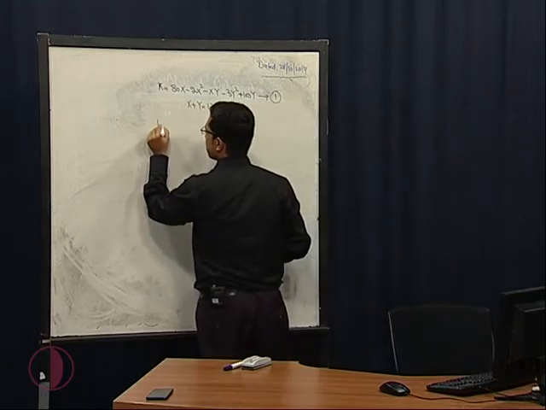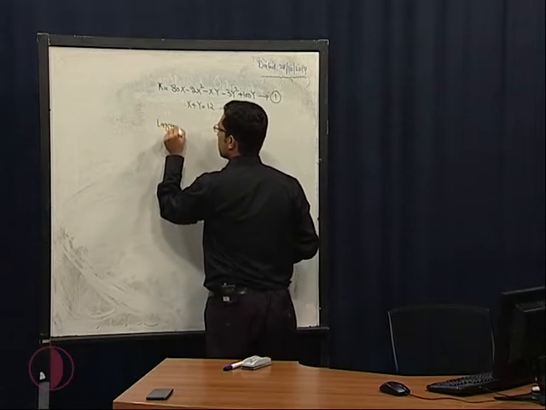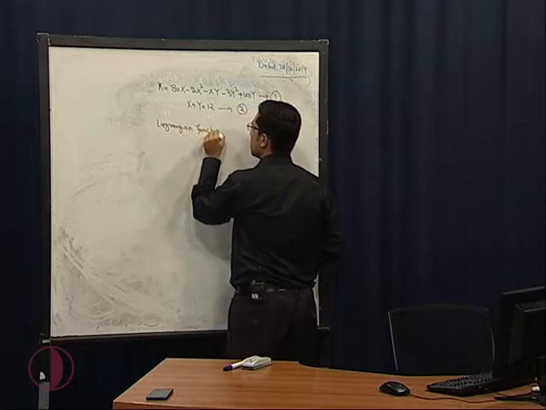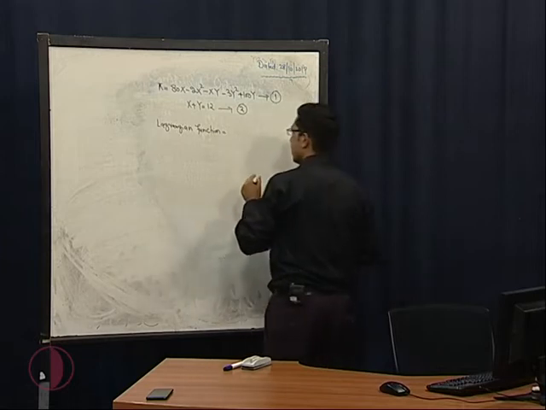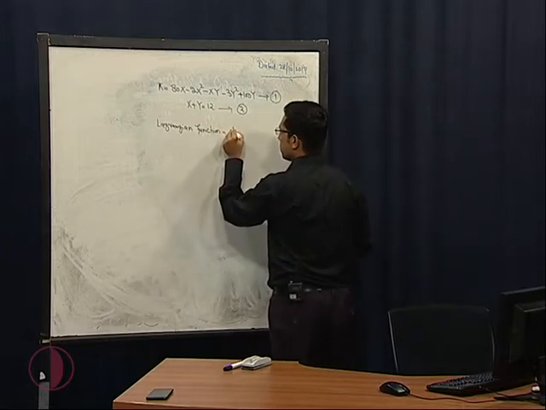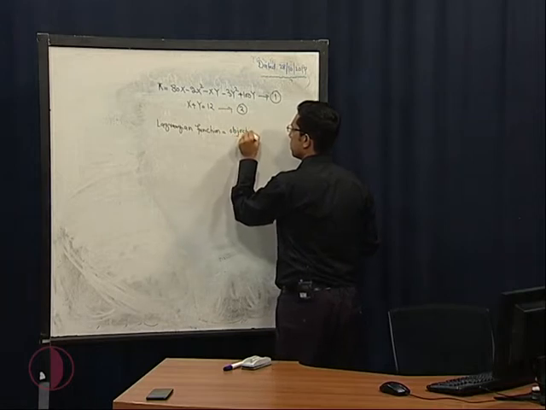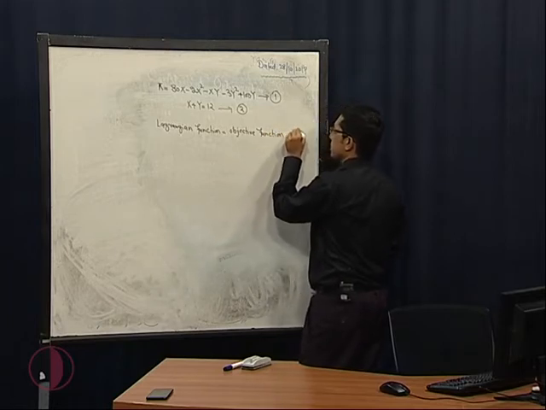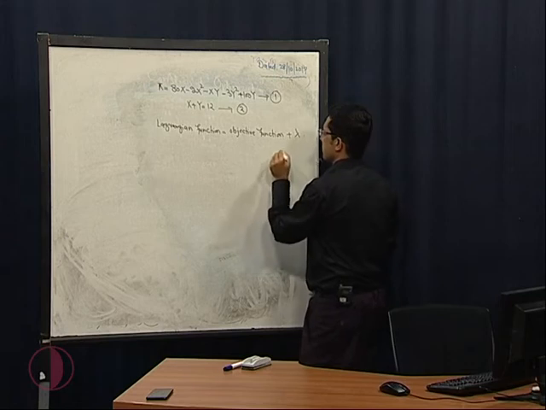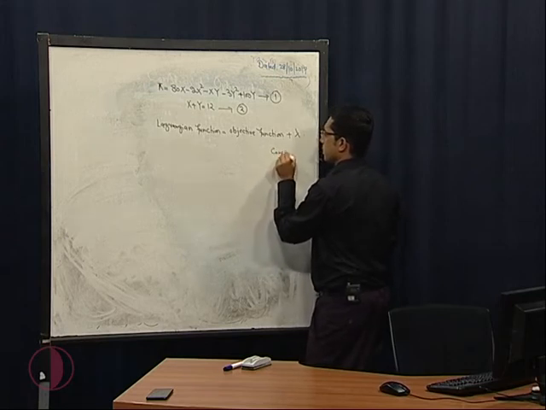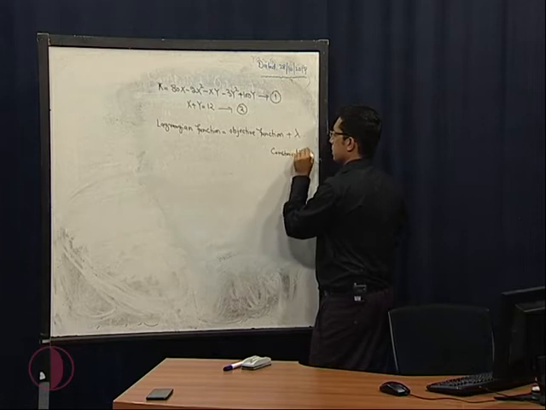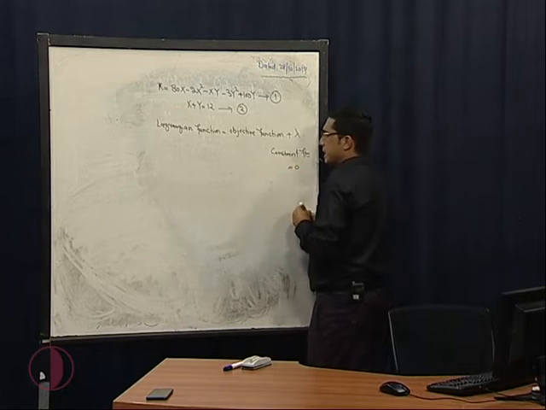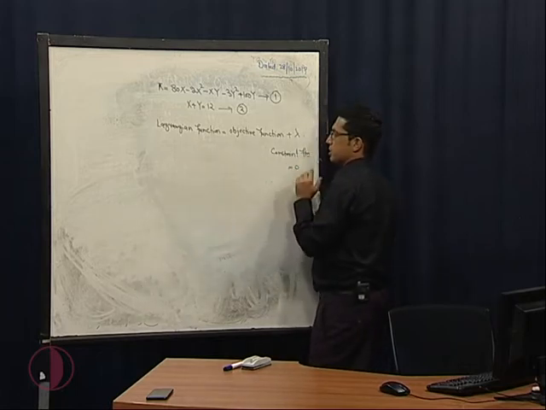Now, the Lagrangian function. How will we form the Lagrangian function? I have told you that the Lagrangian function is equal to the objective function plus lambda times the constraint function, and we will set the Lagrangian function equal to 0.